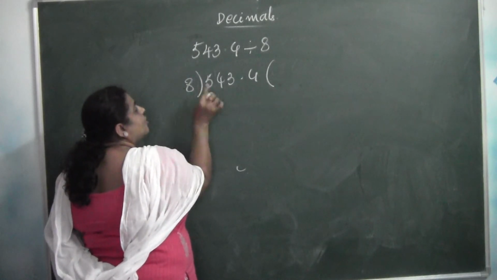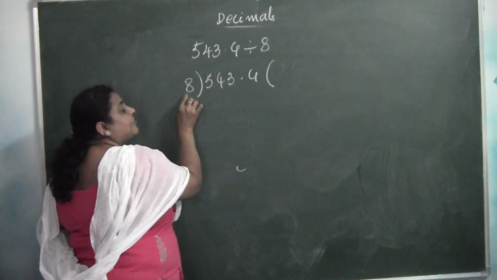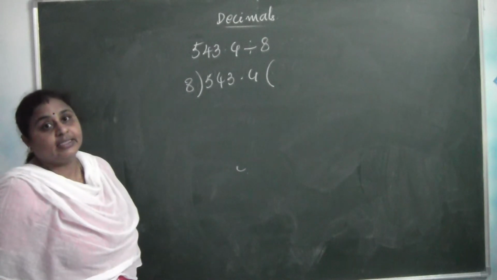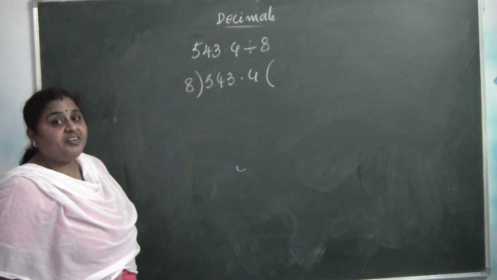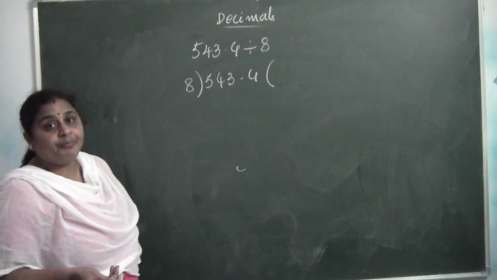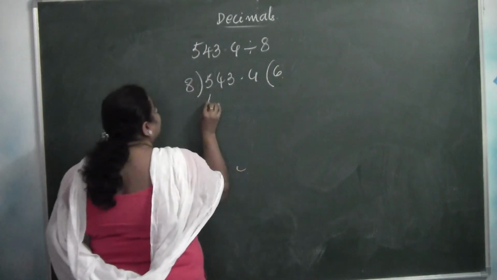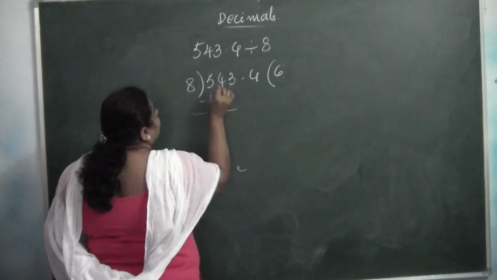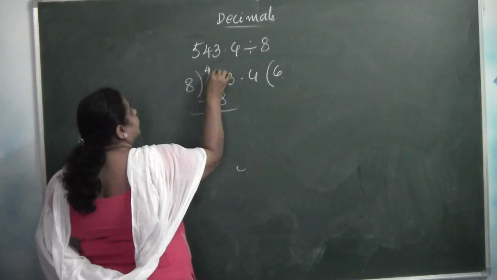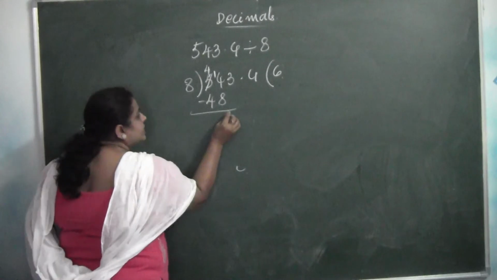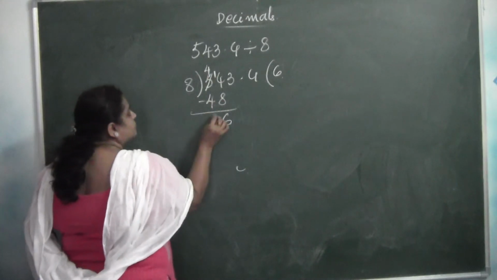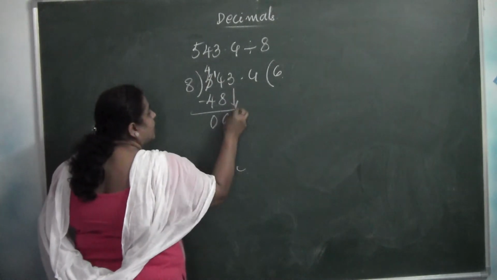What is the smallest or the nearest number to 54 in the table? 8 sevens are 56. It is greater. 8 6s are 48. Now we are subtracting 54 minus 48, 6. 4 minus 4, 0, and we are dropping down 3.